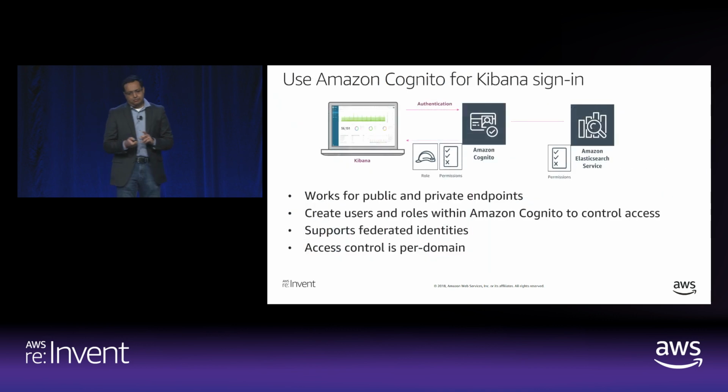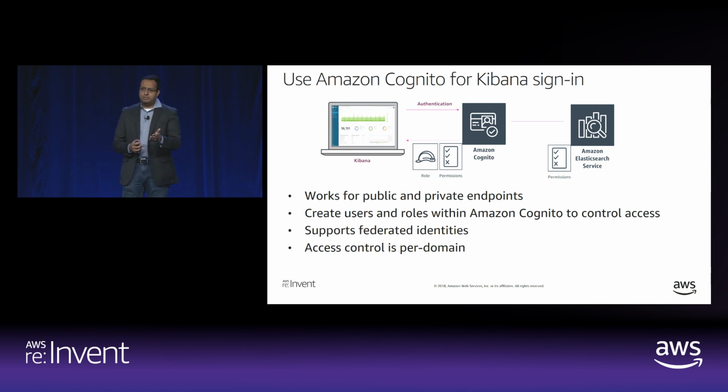The other key one, which we launched recently, is integration with Amazon Cognito. So when you use Kibana, typically, I'm sure some of you might be using a signing proxy. But with Cognito, you no longer need to do that. You could actually set up your user pools and identity pools in Cognito to manage the different users that you have. You could integrate with your enterprise identity providers.